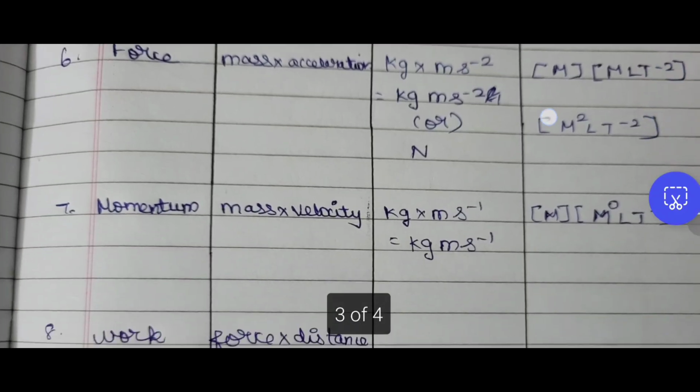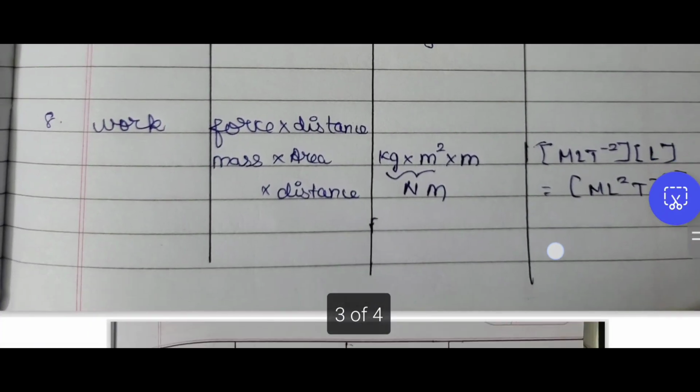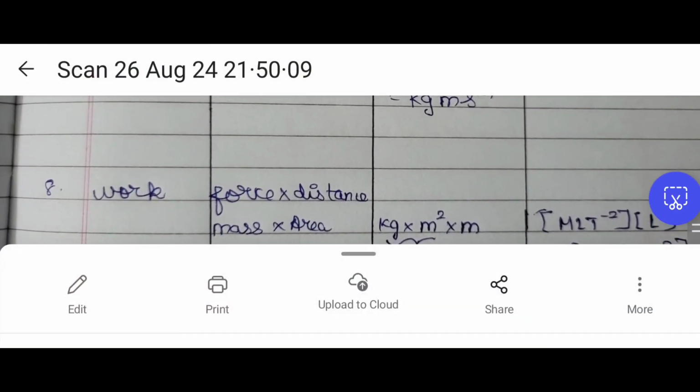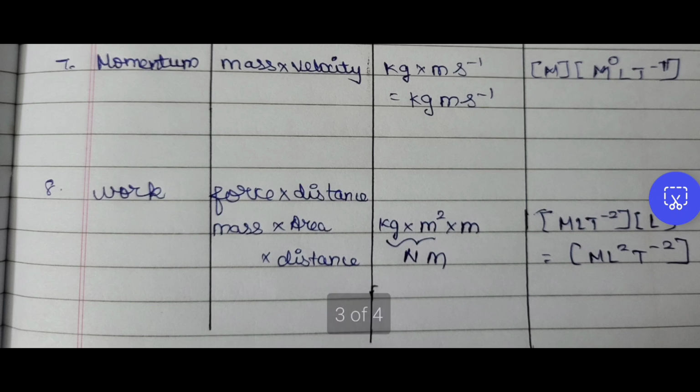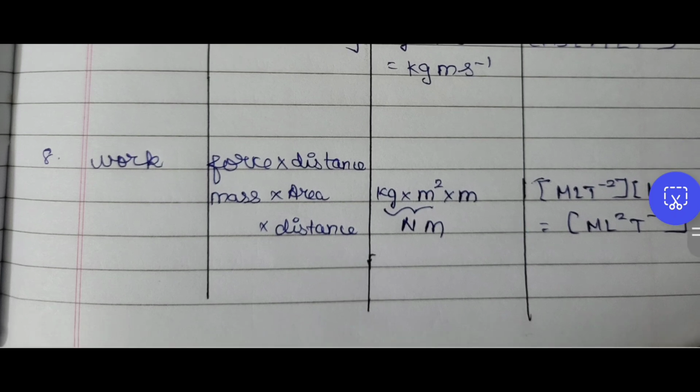Passing on to the next one, the eighth and the last one, work. The formula for work is force into distance, and for the force we write it as mass into acceleration into distance. For mass the SI unit is kg, for acceleration it is m s power minus 2, and for distance it is m.